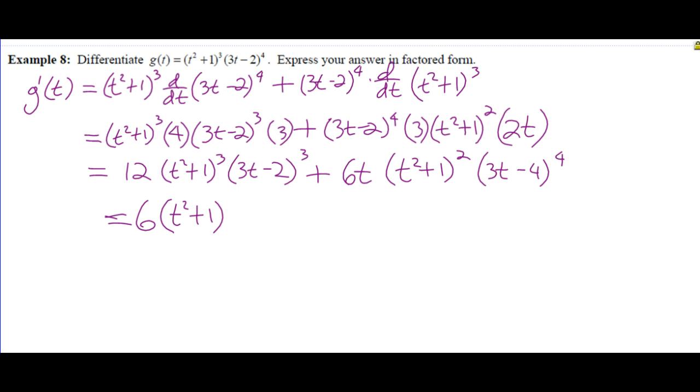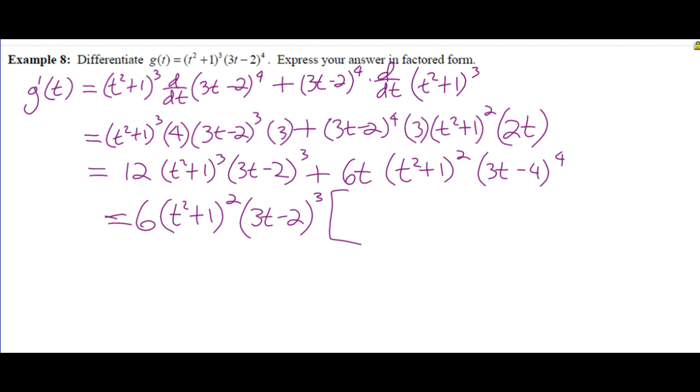So this expression is common, and what's the lowest power of 3t minus 2? I'm going to go with cubed, right? So I've got a cubed here and I've got a 3t minus 2 to the fourth. So the common factor, the one that's going to divide into both of them, is (3t minus 2) cubed.